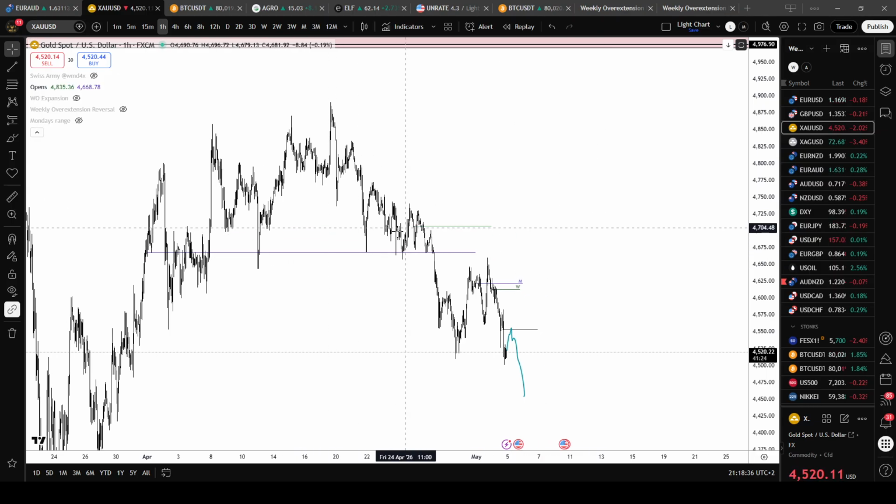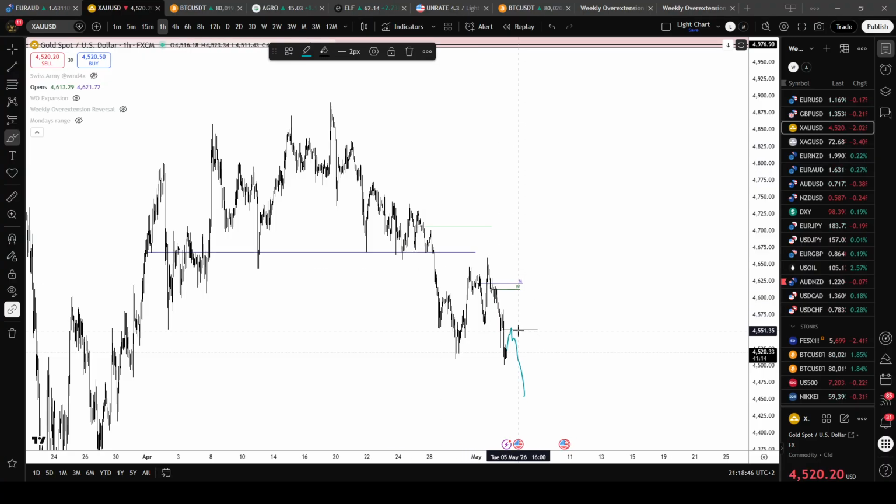At the same time, the most clean level that I can spot here is the April monthly open. If we found the strength to trade into that level, you can see how it was a massive support there.